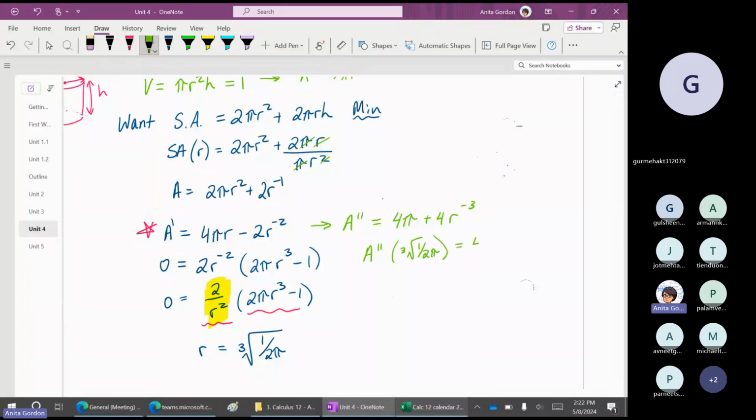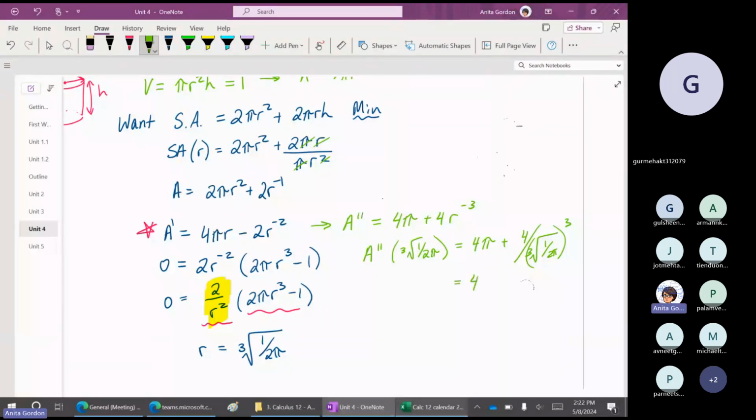So on your calculator, you're going to do 4 pi plus 4 divided by cube root 1 over 2 pi, all cubed. Oh, I don't even need a calculator, guys.